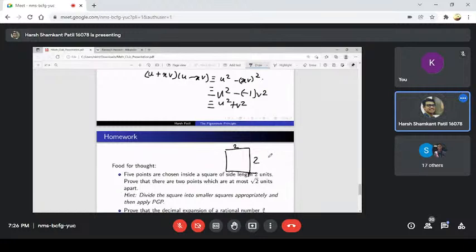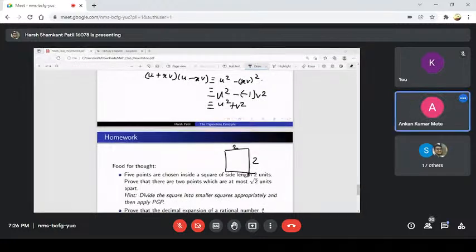In the first problem, the square is divided into 4 unit-length squares.